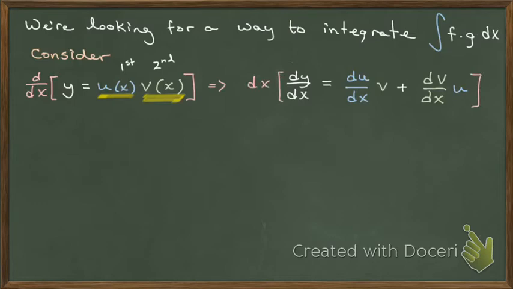Okay, so like I said, there's a little bit of hand waving going on here, but the idea is that we distribute that dx through and we end up with just these differential pieces, dy equals v times du plus u times dv.